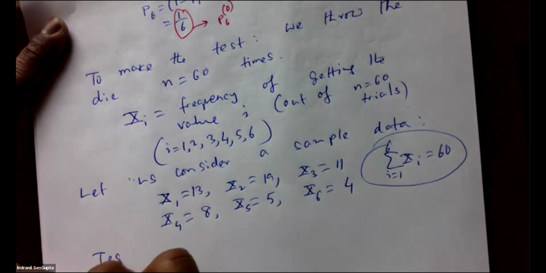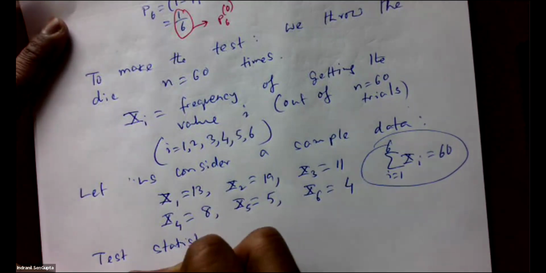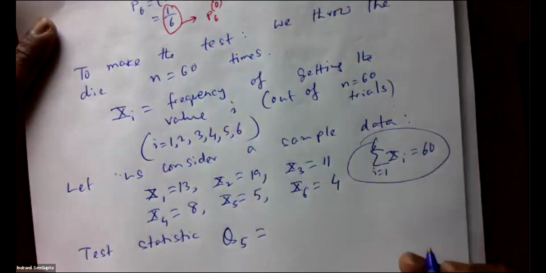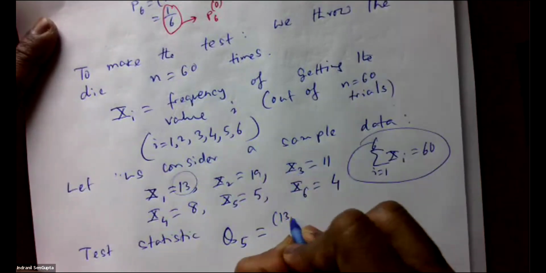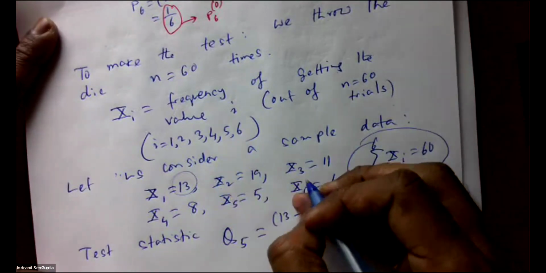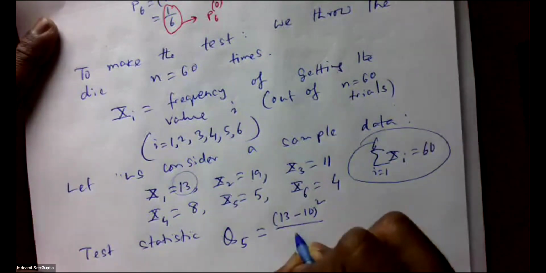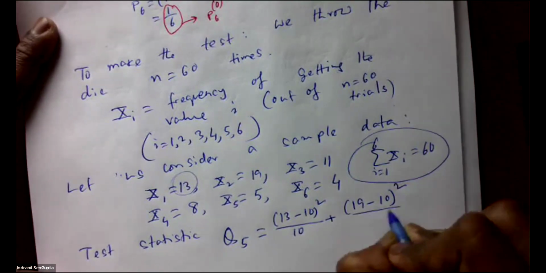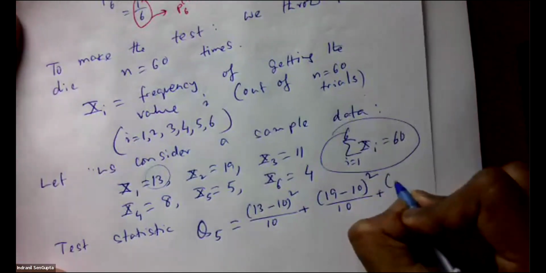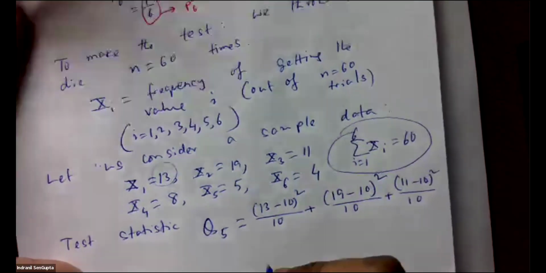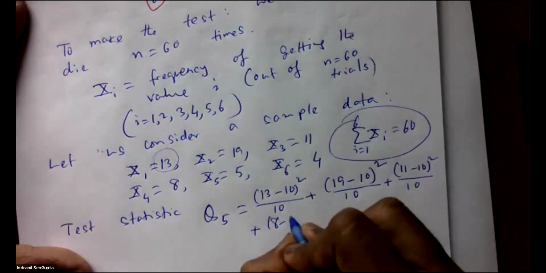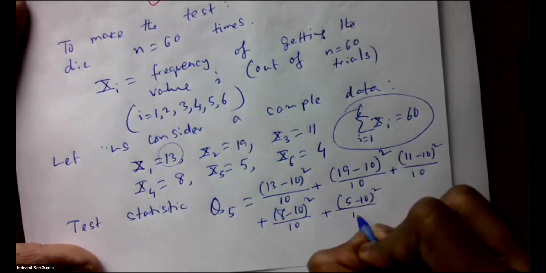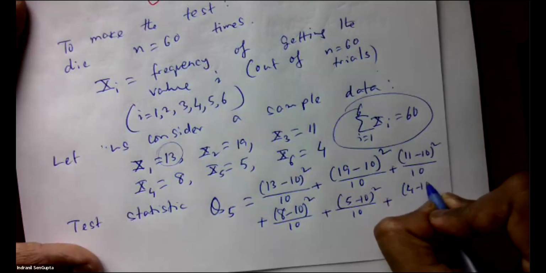So let's compute the test statistic, which is given by Q5 in our case. First take 13 minus 60 times 1/6, that is 10, squared over 10, plus 19 minus 10 squared over 10, plus 11 minus 10 squared over 10, plus 8 minus 10 squared over 10, plus 5 minus 10 squared over 10, and finally 4 minus 10 squared over 10.